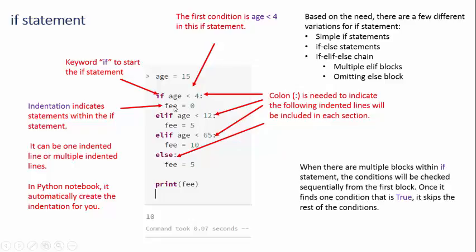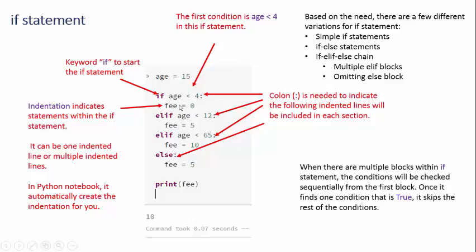And then once this block is executed, the program skips all the rest and goes down to the code after the if statement. If that condition is false, then it goes to the next block to evaluate whether the next condition is true or false. If the age is 15 as we assigned, the first condition will be false.